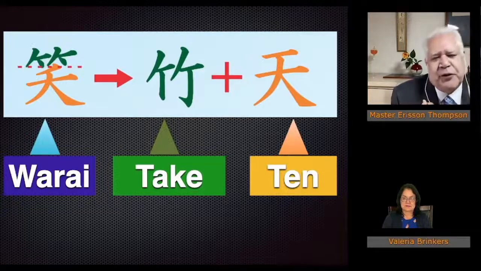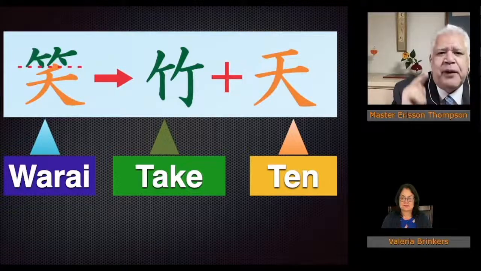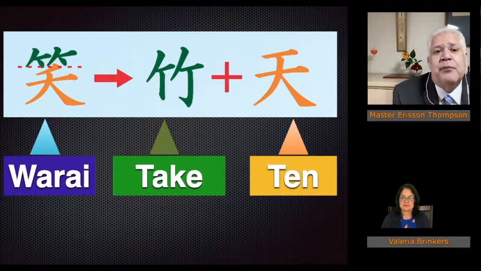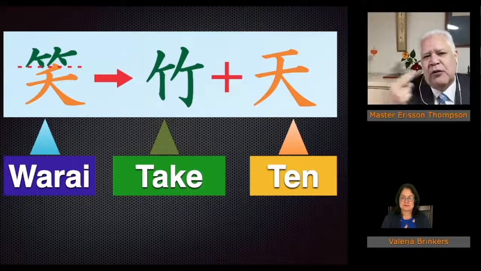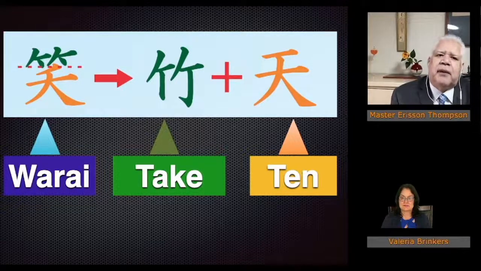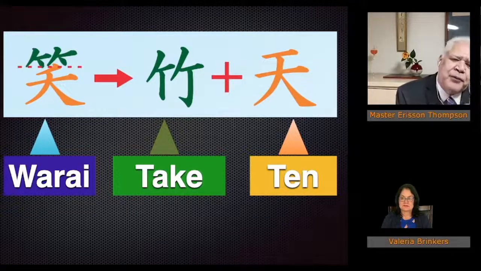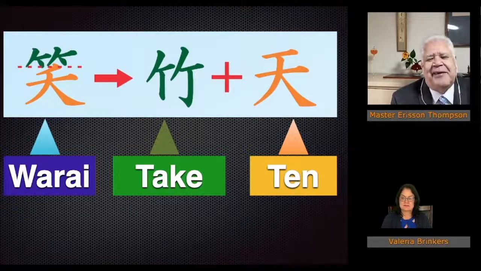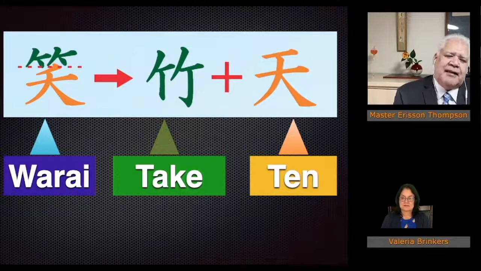I studied the ideogram of the Japanese word for smile, warai. It is composed of two elements. The first one is the bamboo, the green one, and the second ideogram is heaven. So that's why bamboo is used in houses, symbolizing the smile.